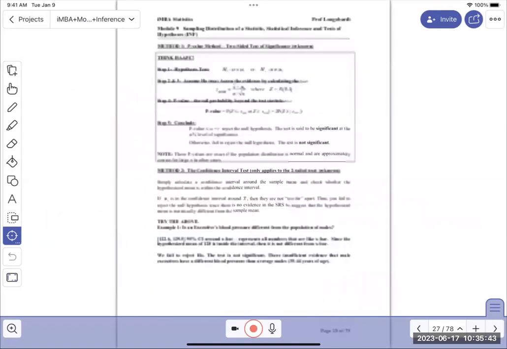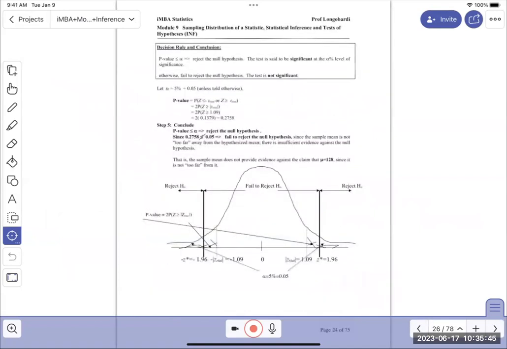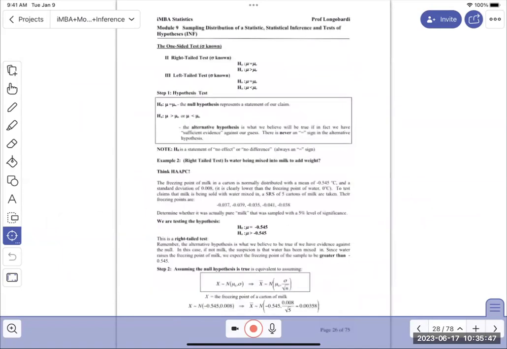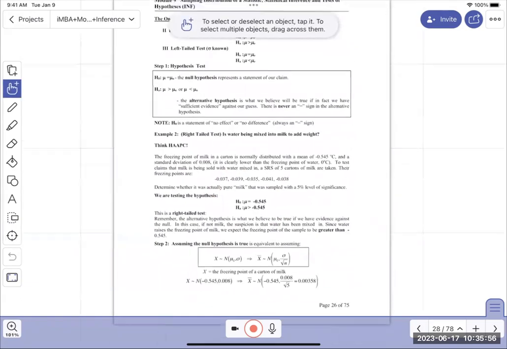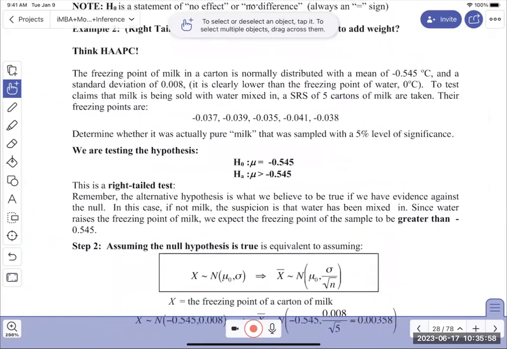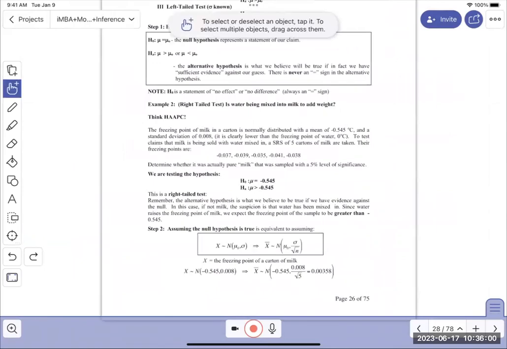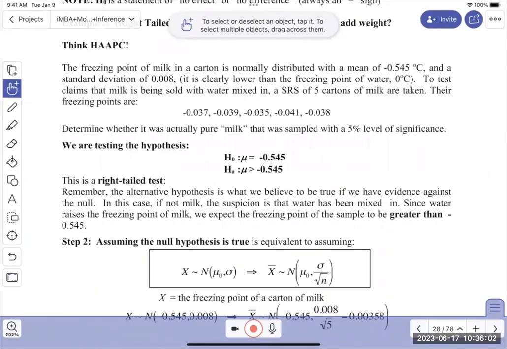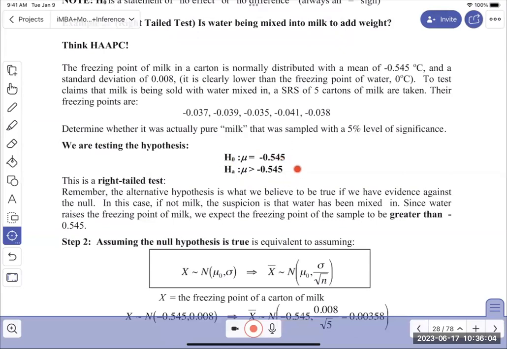So you can look at all that. There's also a right-sided test here, and you're going to do it like you did the left-sided test, except in the p-value step, you're going to calculate the probability in the right tail above.